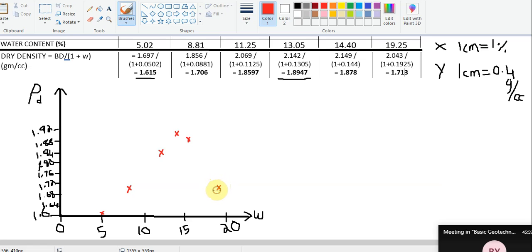Now I'll draw a freehand smooth curve and join the points. So this is my compaction curve, and the density corresponding to the highest point is my maximum dry density.